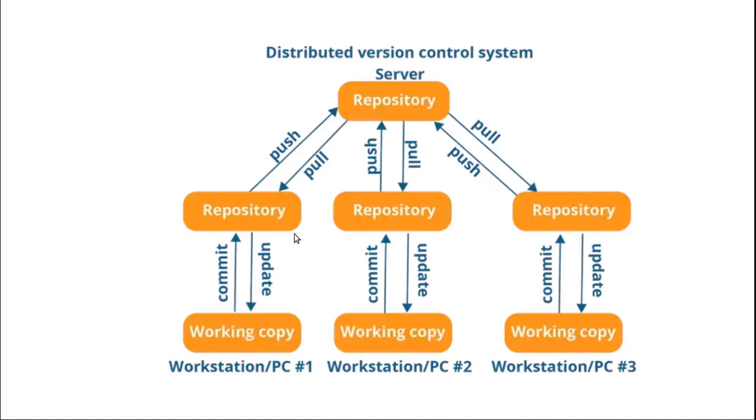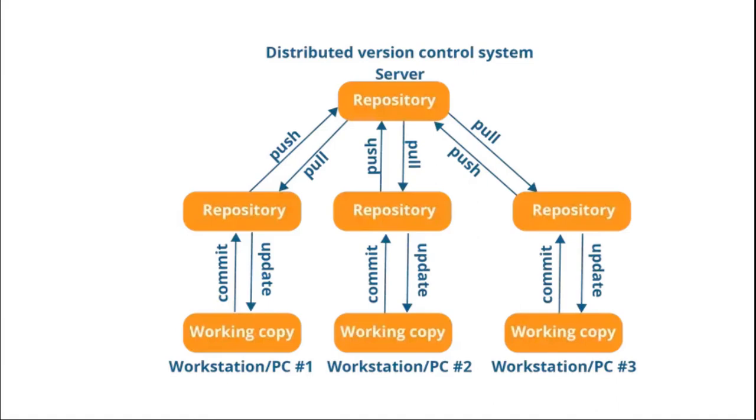Now if you want to push your changes to the central repository or any repository on some other machine, you simply push your changes to that repository. And if any other person has pushed their changes to that repository and you want to use them, then you can simply pull those changes. So this is a much more flexible way, and it is more distributed, and that's why we call it a distributed version control system. And no guessing, Git is a distributed version control system.